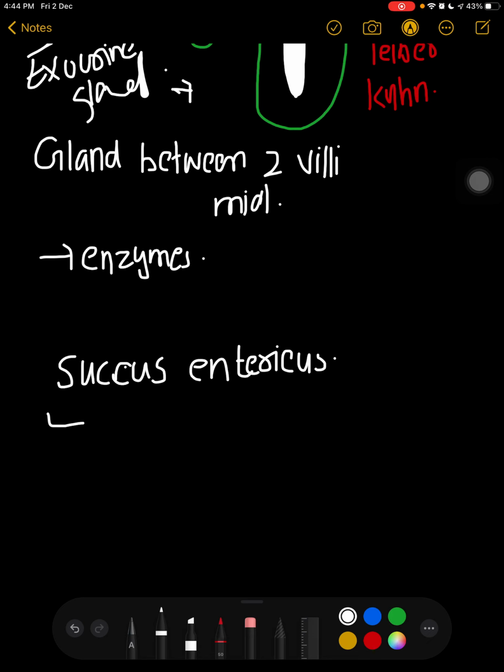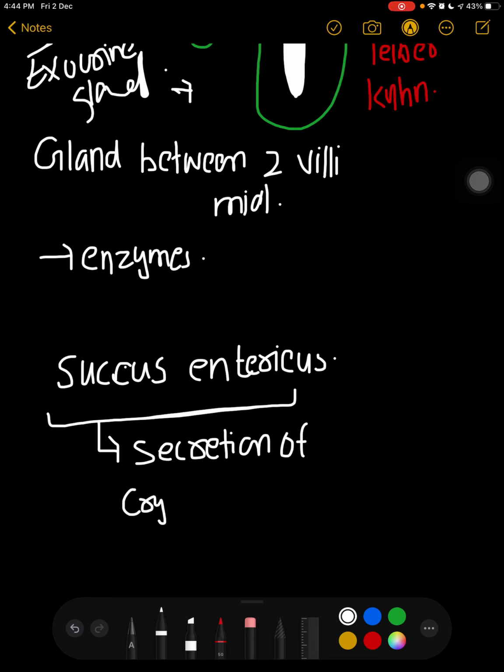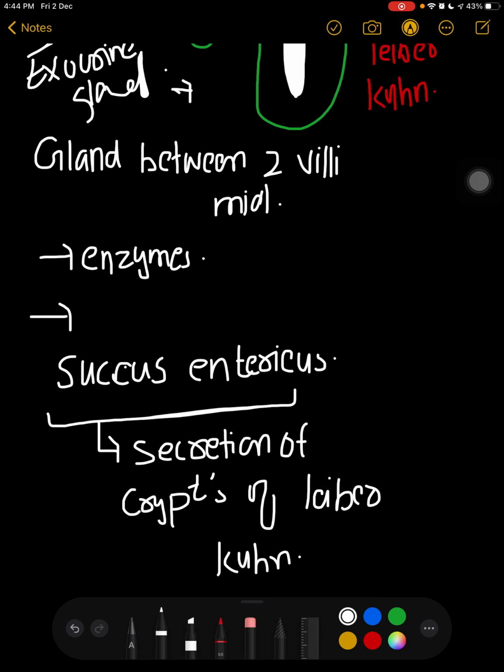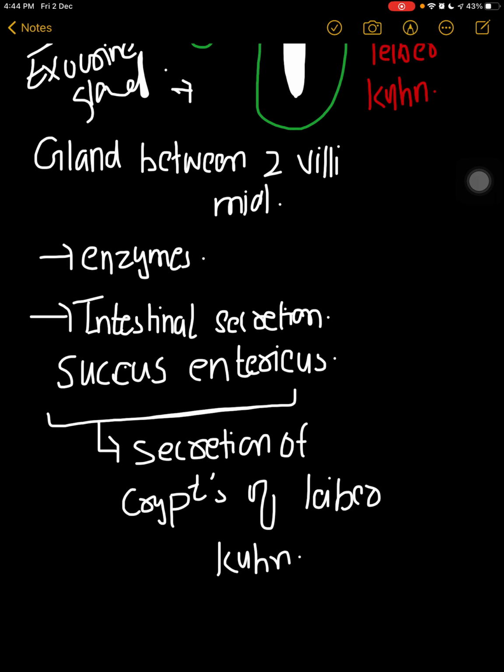This is the secretion of the crypts of Lieberkühn, or you can say it is the intestinal secretion, the intestinal juice, that is known as succus entericus.